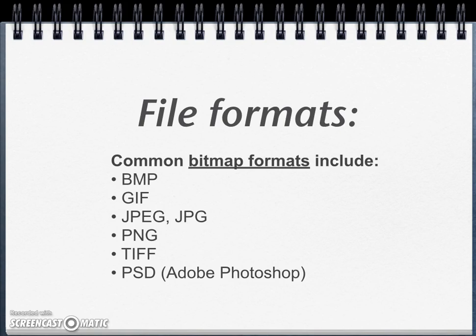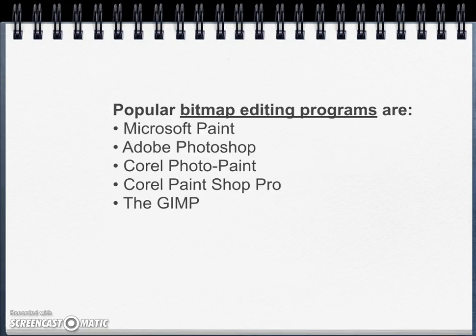So you can save a TIFF file as a JPEG. It'll just take that information, throw it out, and make the file much smaller, which is where a JPEG gets its common use. It's a reduced file. And then there's a PSD file, an Adobe Photoshop file. Those incorporate layers, and usually you can only open them in another Adobe program.